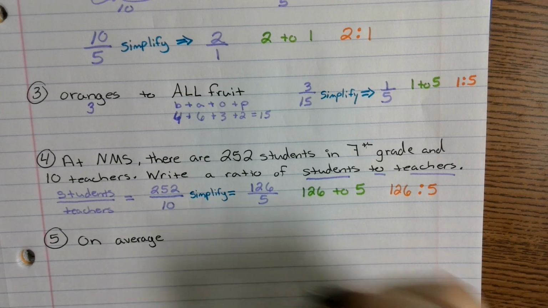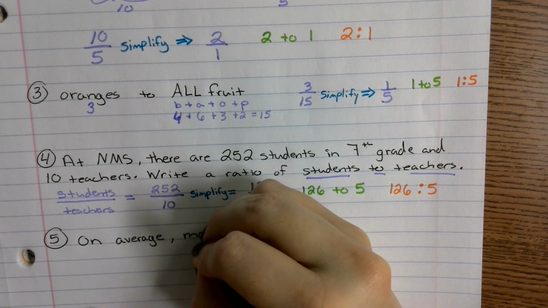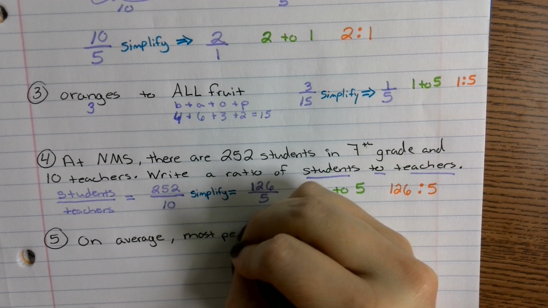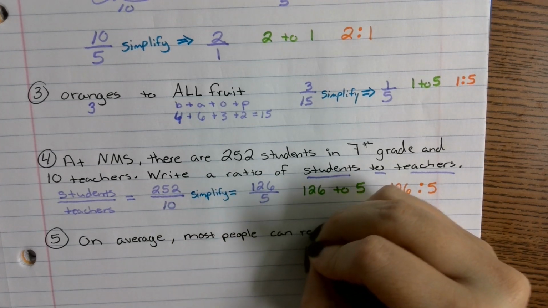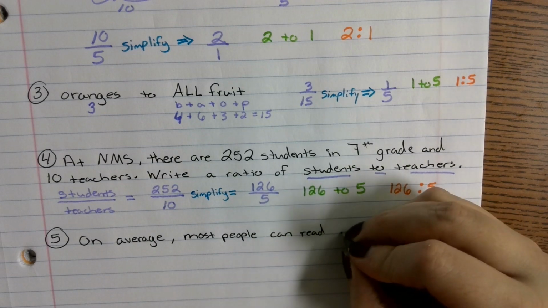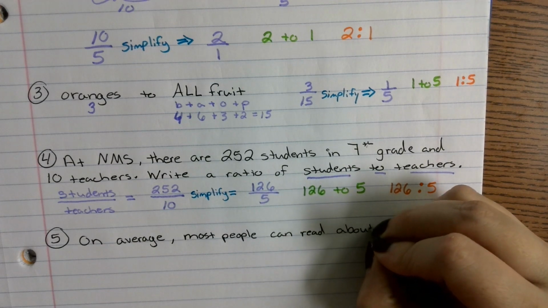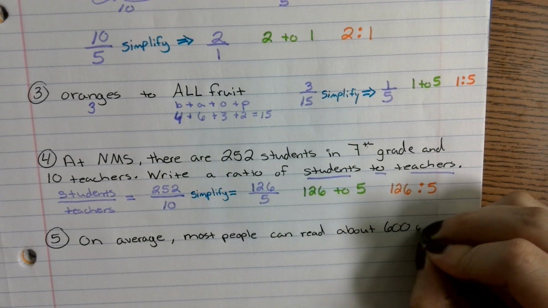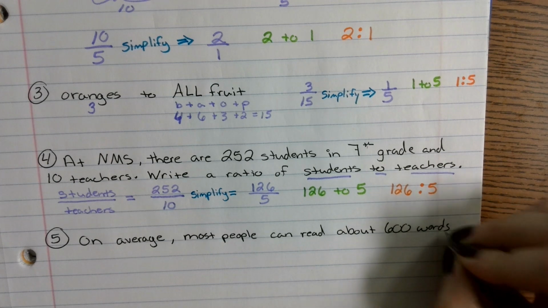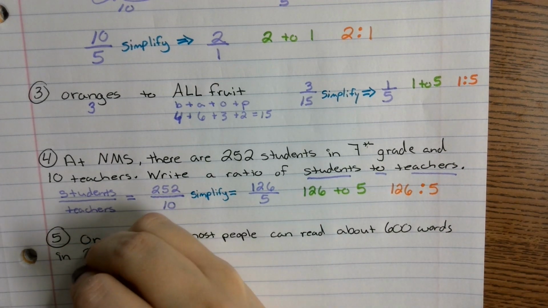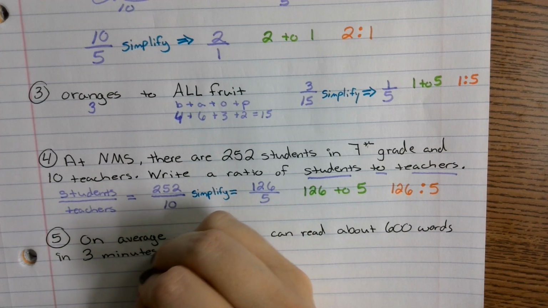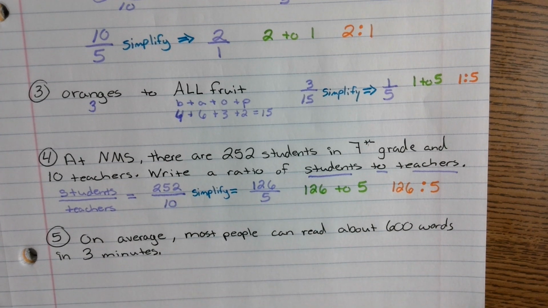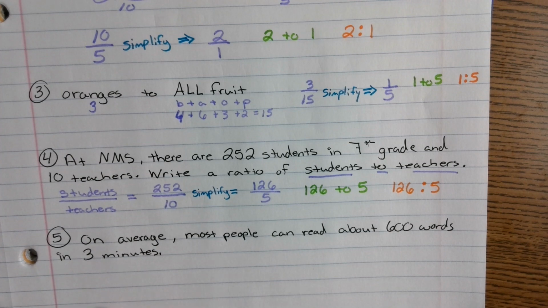All right. On average, most people can read about 600 words in 3 minutes. On average, most people can read about 600 words in a time frame of 3 minutes.